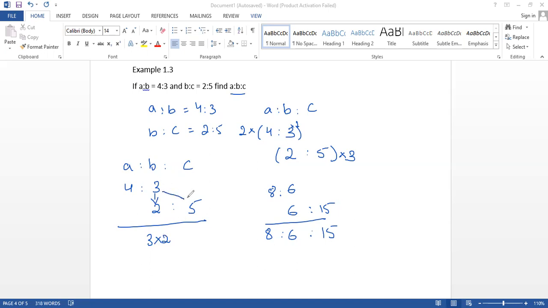So 3 is going to be multiplied by this 5. So 3 times 5. And 4 is going to be multiplied by this 2. So 4 times 2. You can see it's still the same. 4 2s are 8, 3 2s are 6, and 5 3s is 15. So it's up to you, whichever you find easier to use.